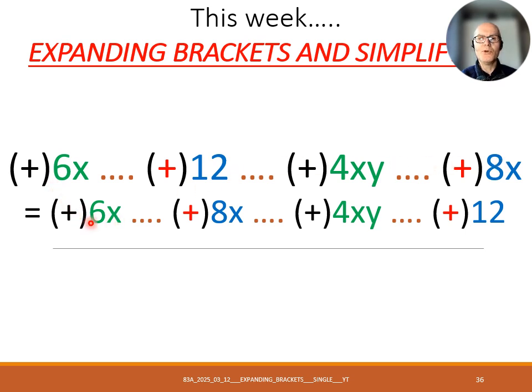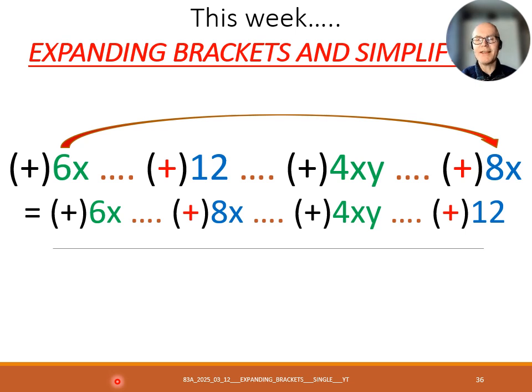So move them side by side, but keep them in their chunks. So we've got positive 6x chunk here, positive 8x chunk here, but just put them side by side and leave the positive 4xy chunk and the positive 12 chunk beside each other also.